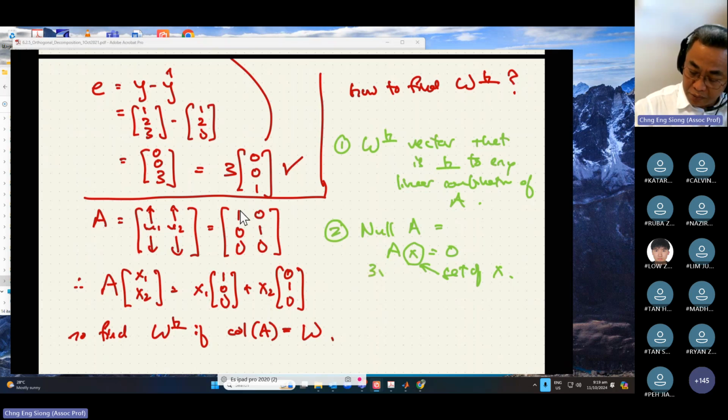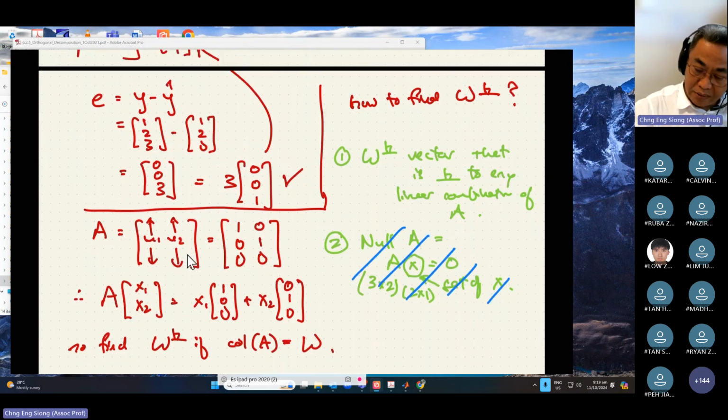What is x? 2 by 1. So x is a vector of 2 by 1. That's not something we want, right? We want the orthogonal vector against u1 and u2, and therefore it must be the same size as u1 and u2. So this is wrong. Let's try another one.